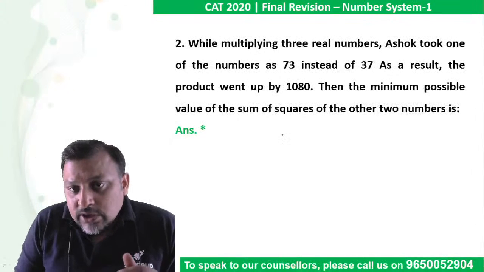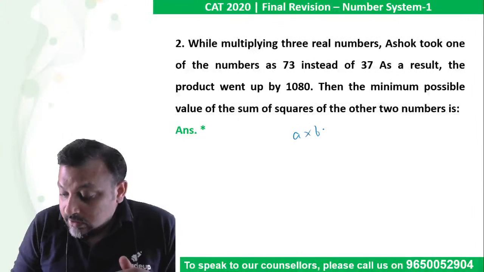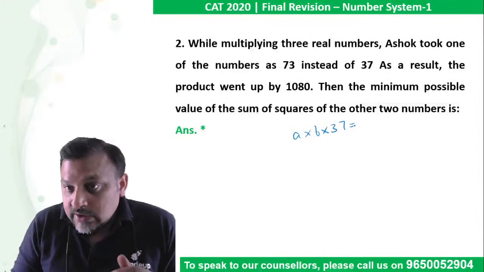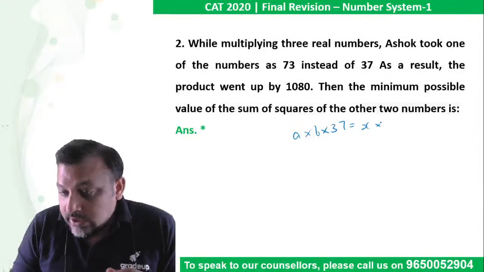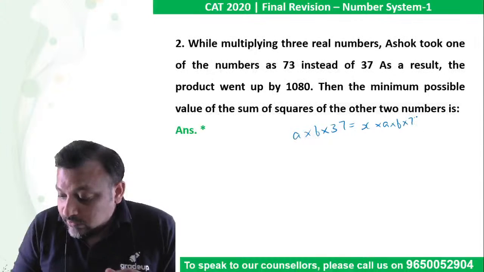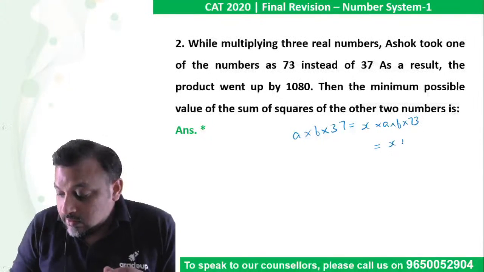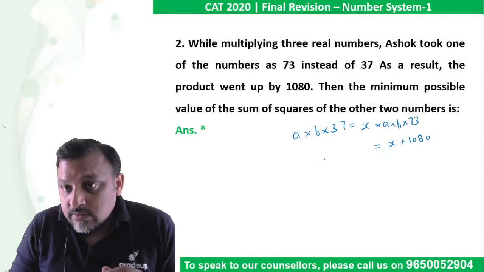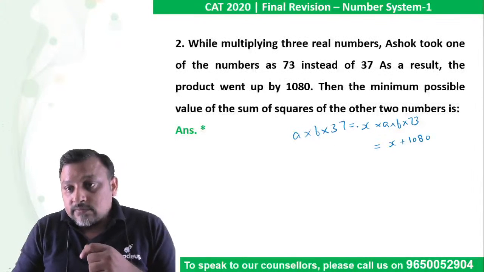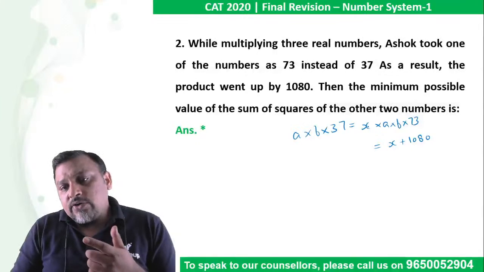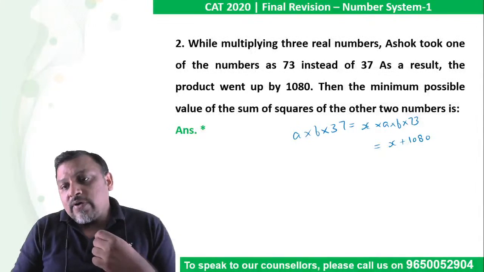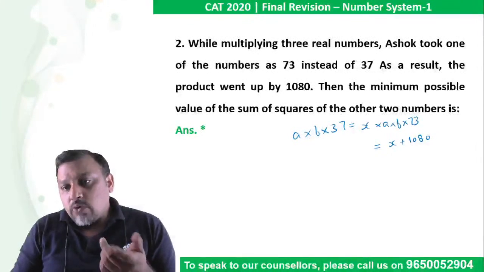See, Devashish, you cannot say that A into B into 37 is equal to X into A into B into 73. See, you are introducing one more variable unnecessarily, which is not required.